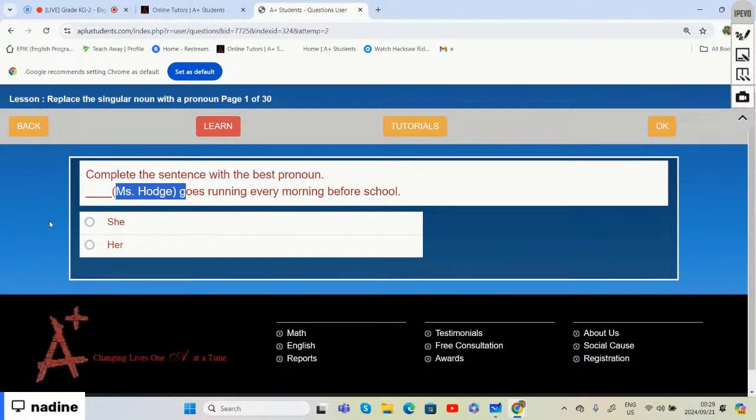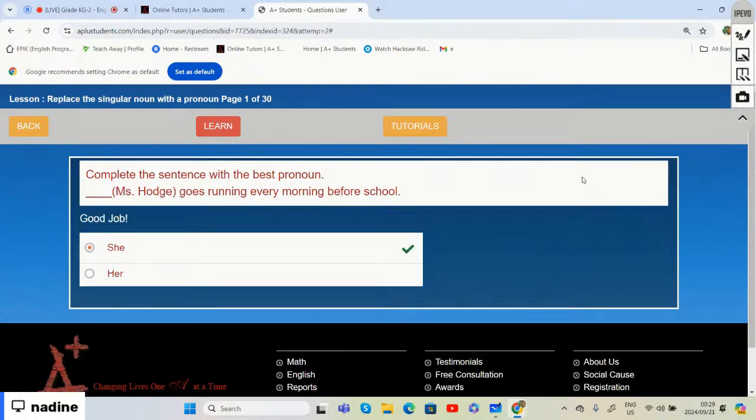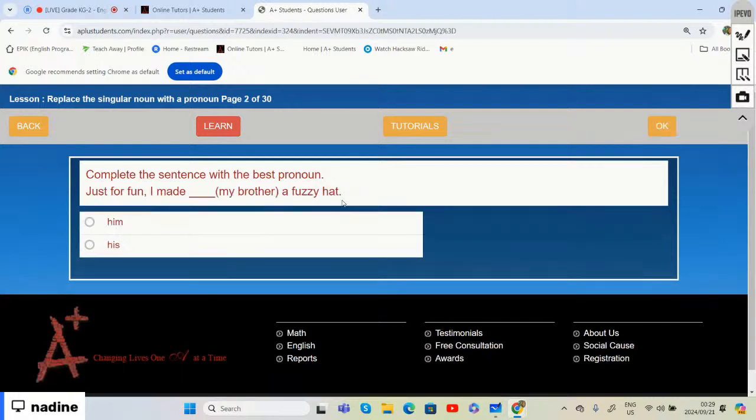All right, and if we were to choose the correct one, then we will choose option one and say she goes running every morning before school. Well done. She is correct. The next one says, just for fun, I made my brother a fuzzy hat. We need to replace the noun my brother, right?